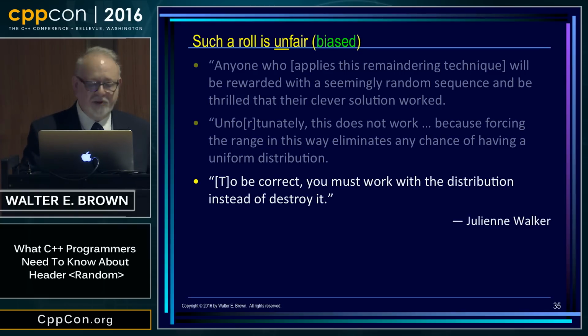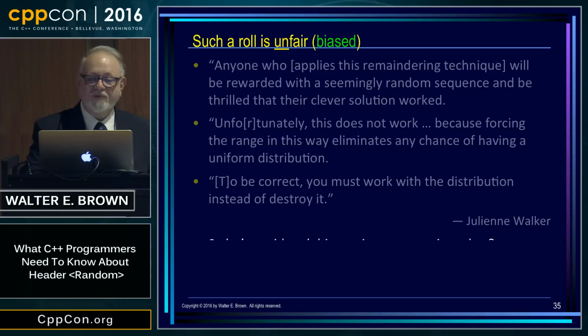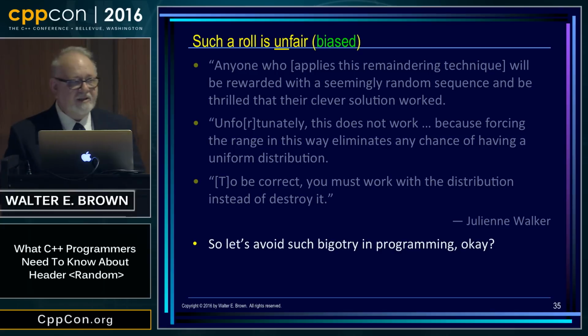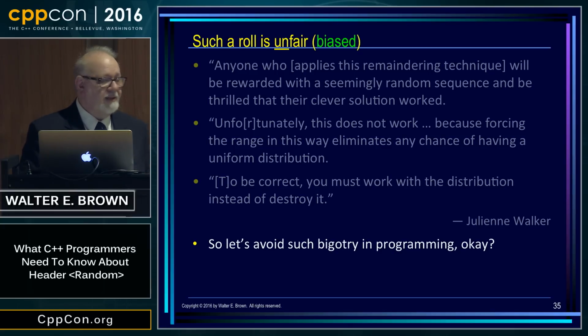Which means you have to understand what uniformity means and respect it. Now, are we going to get a concept that describes that? I don't know. We'll find out. So my plea to you who are listening today and in the future, let's avoid bigotry in programming, please. Okay?